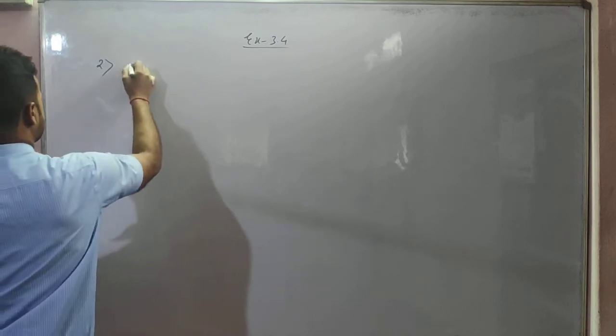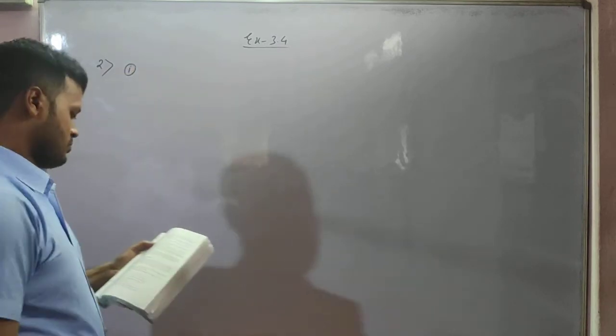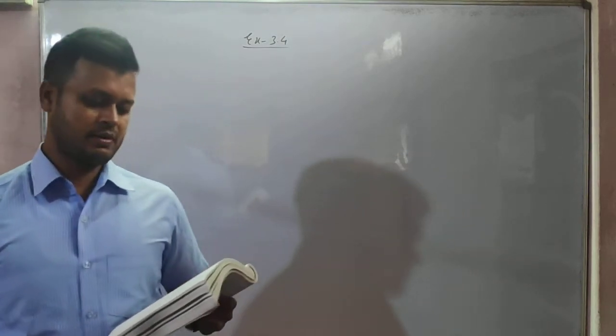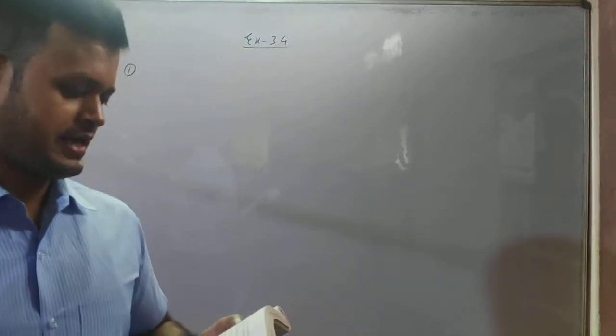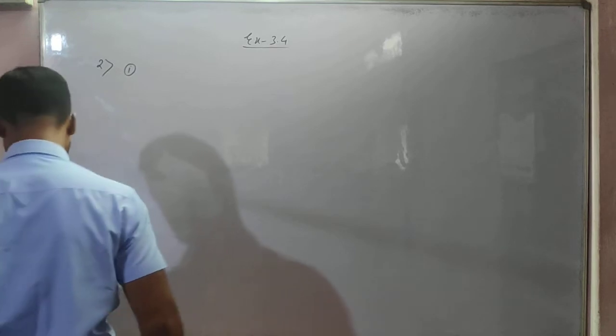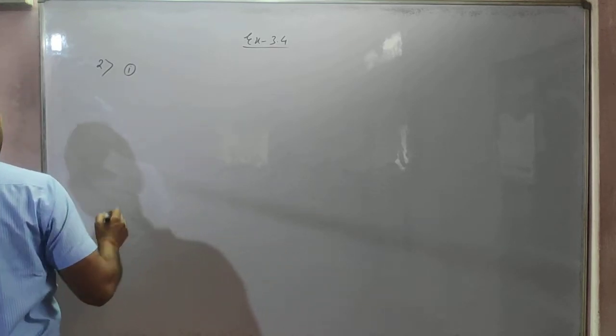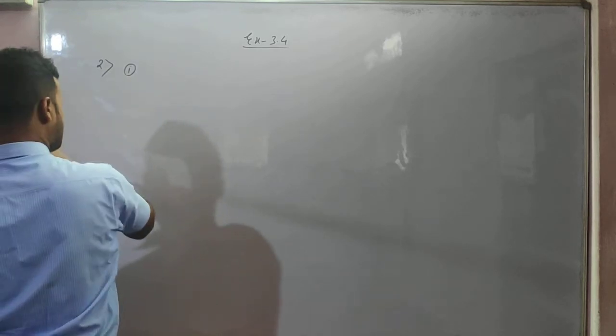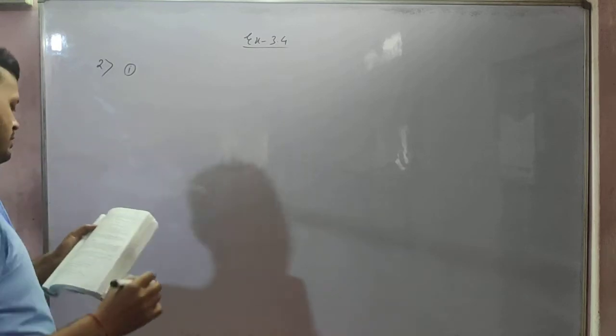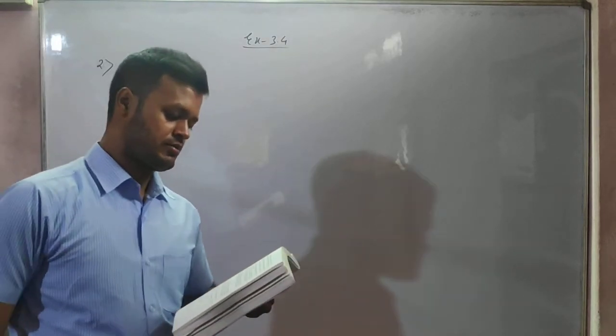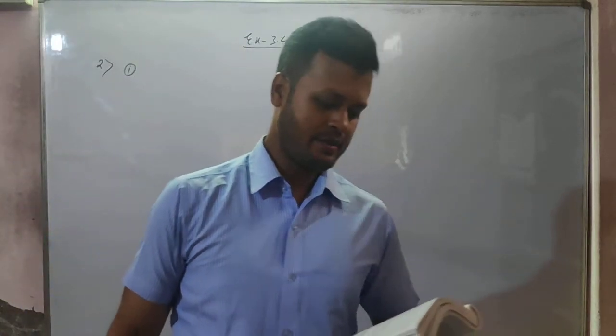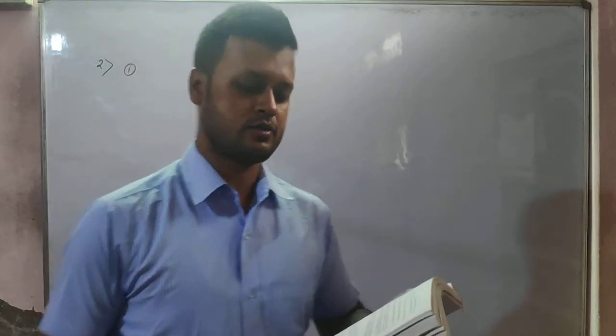Number 1: Form a pair of equations in the following problems and find the solutions if they exist by the elimination method. Now you see number 1. If we add 1 to the numerator and subtract 1 from the denominator, the fraction reduces to 1. It becomes 1 by 2 if we add only 1 to the denominator.